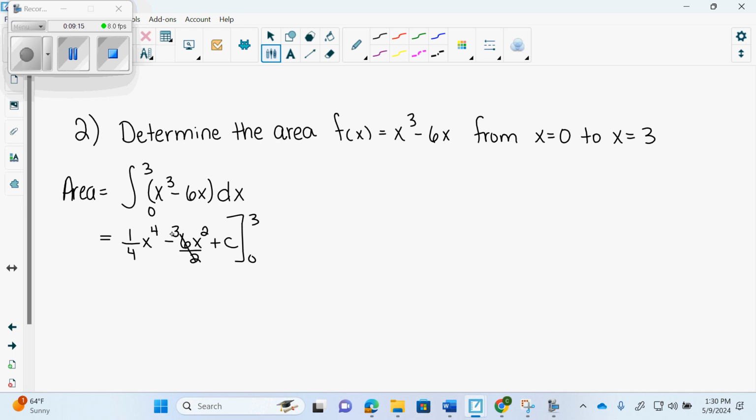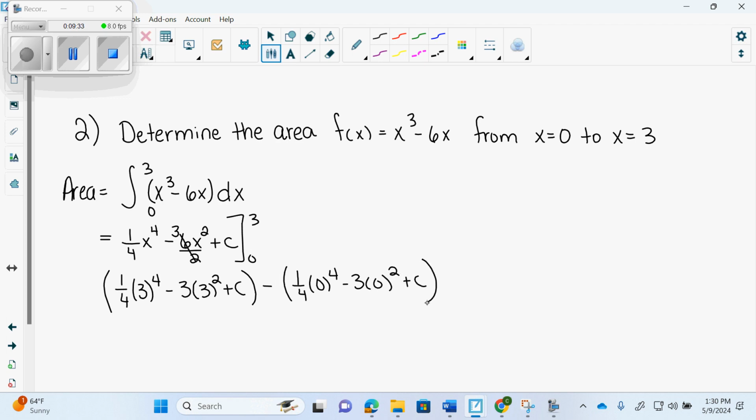So I'm going to get 1/4 times 3 to the 4 minus 3 times 3 squared plus c, minus 1/4 times 0 to the 4 minus 3 times 0 squared plus c. This whole thing cancels. And then here it's 81 over 4 minus 27.